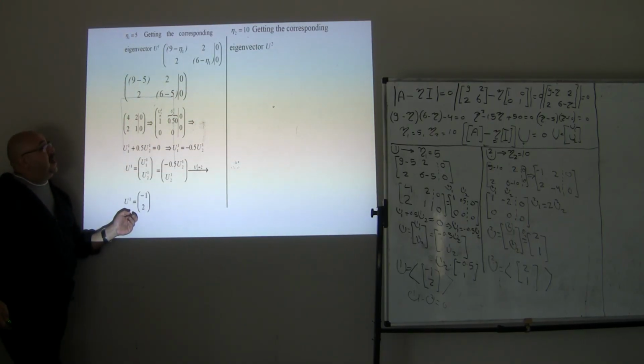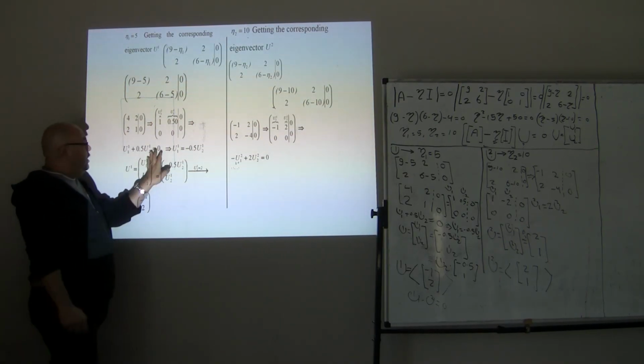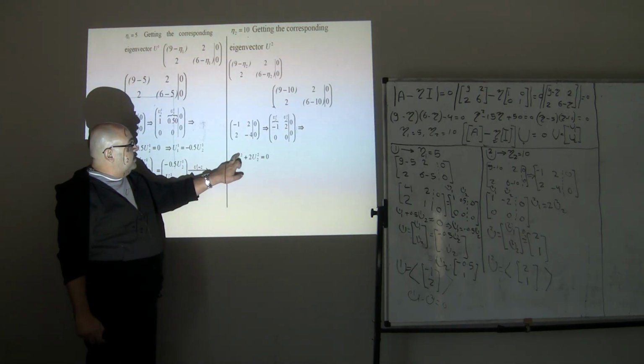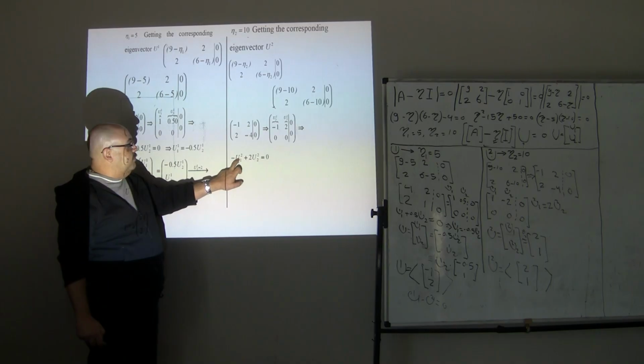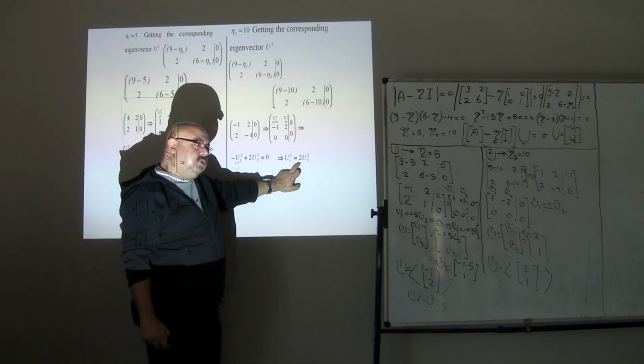In a similar manner, I will do the same for u2. Instead of the eigenvalue 5, I will use the eigenvalue 10. Now I will have the same system. Okay, Mr. Ziyad? Solving the system is going to be very simple. Now you have the connection in front of you. But in this case, the first component of the second vector is equal to twice the second component of the second vector.